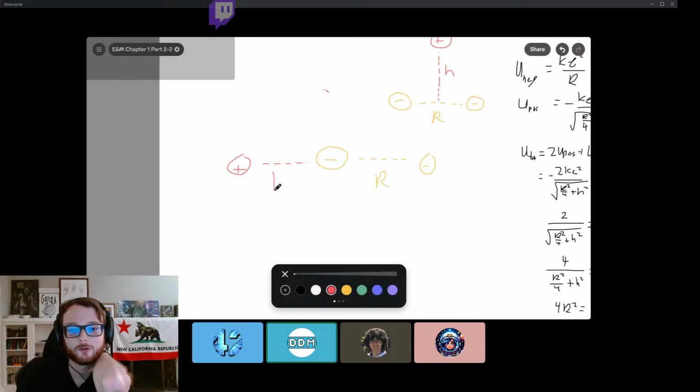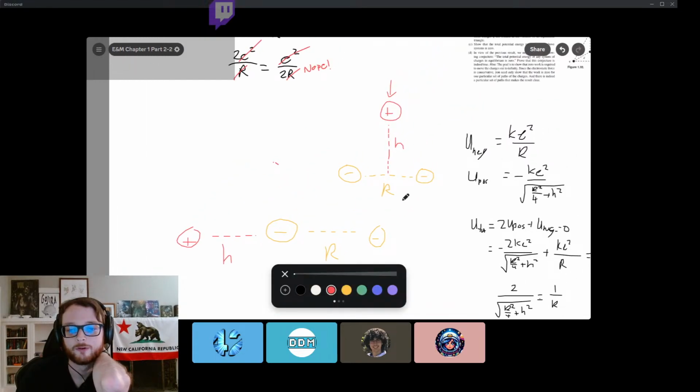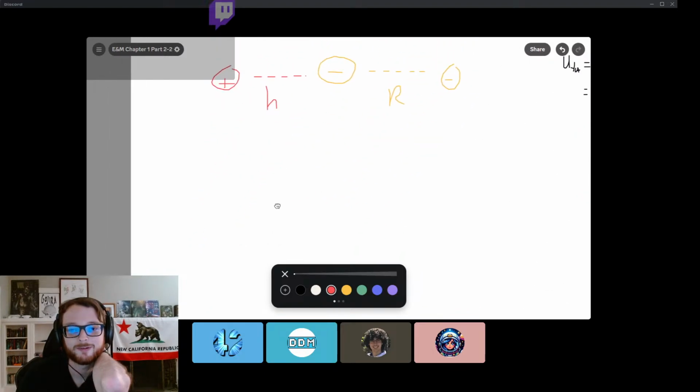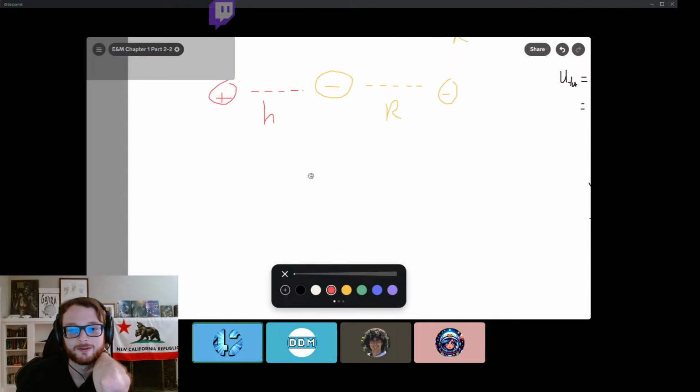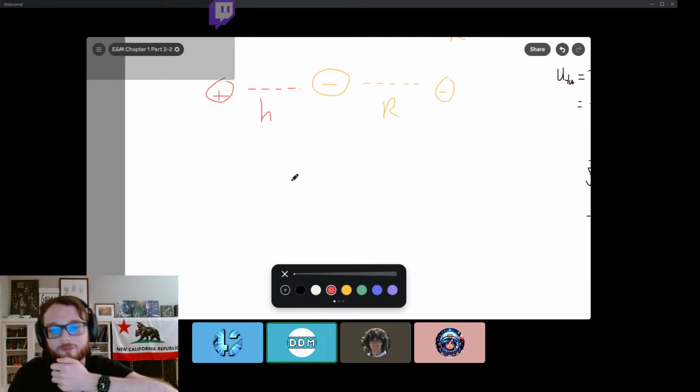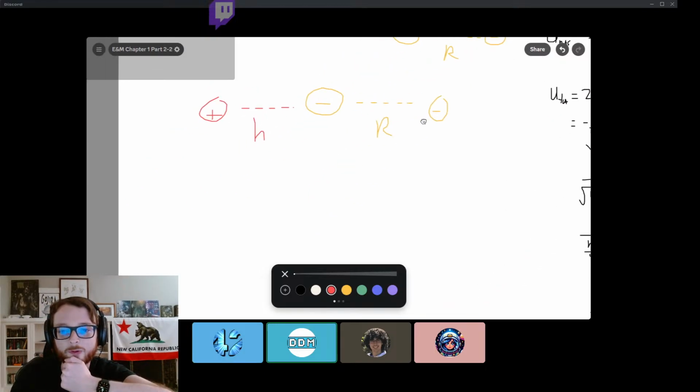I'll call it H again for consistency. Are we going to get an ellipse out of this? I don't know. It might be an ellipse, where the negatives are the foci. That's my guess at least, but we can get a few more points.